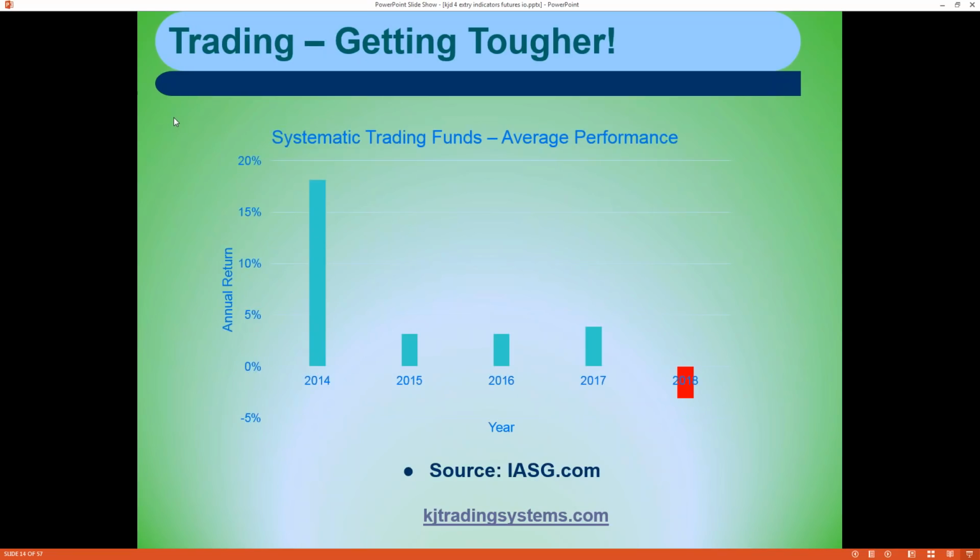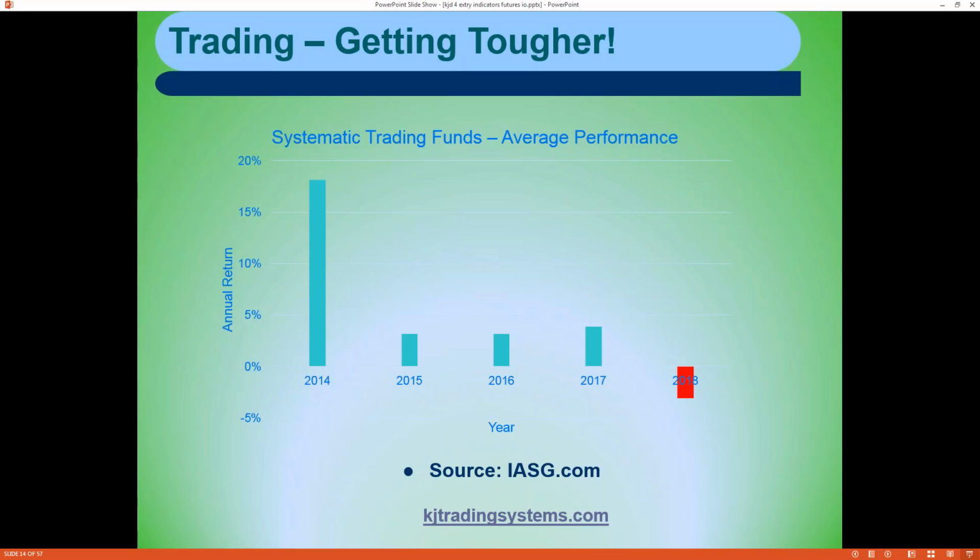All right. So trading, systematic trading, that's also algo trading, it's mechanical trading, rule-based trading. There's a whole bunch of different words for it, right? Based on funds, professionals out there who are trading this way, it seems to be getting tougher. In fact, 2018 was a down year for systematic trading funds. But even the years before that wasn't necessarily stellar. 2014 was pretty good, but in general, it's getting tougher.